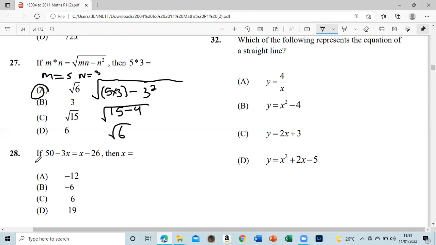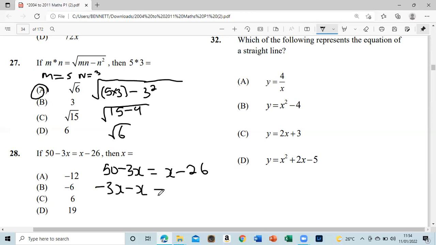All right, number 28 says, if 50 minus 3x is equal to x minus 26, then x is equal to... All right, let me just group the like terms. This is an equation. One side must equal the next. Whatever answer you get, both sides must equal. All right, so this is minus 3x. We're gonna keep the x on the left. This is a positive, so we subtract x from both sides.